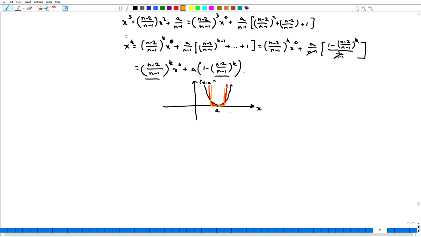So, as n increases, you can see that around A the curve becomes flatter and flatter, almost parallel to the x axis.